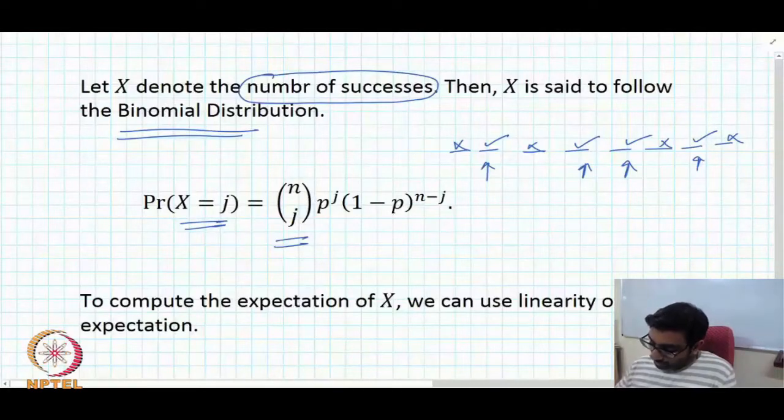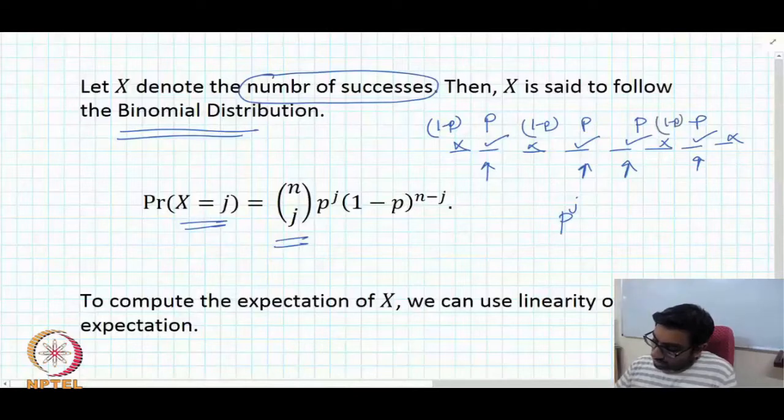So each location will be a success with probability P, so all of them together would be P raised to the J. And all the other locations will have to be failures, so they occur with probability 1 minus P each.